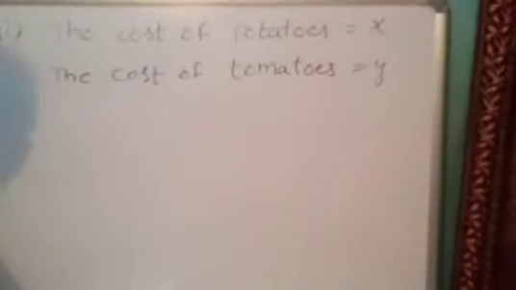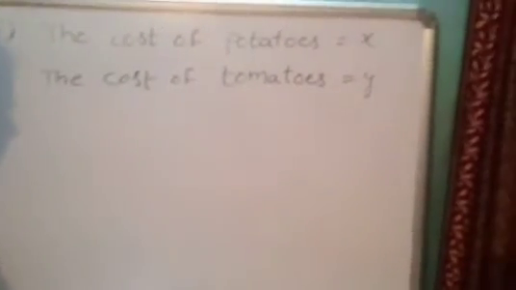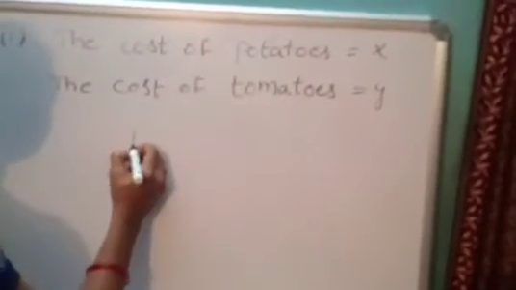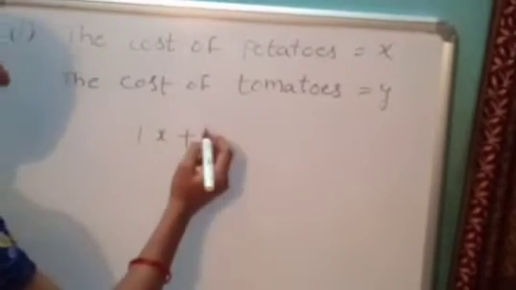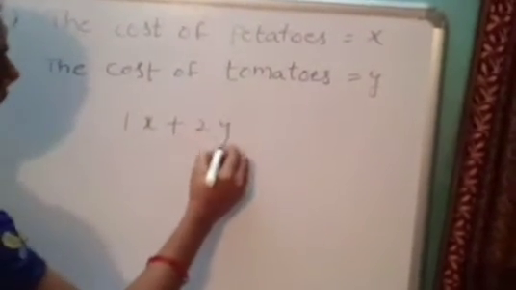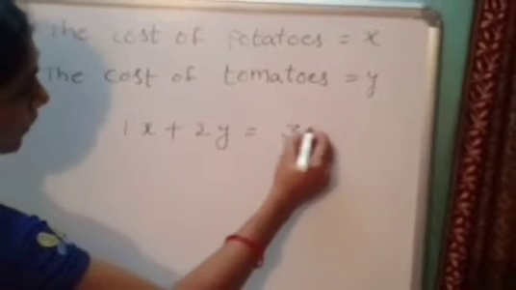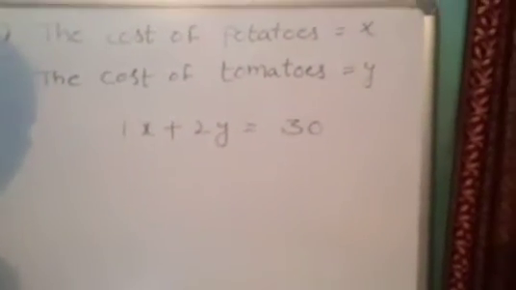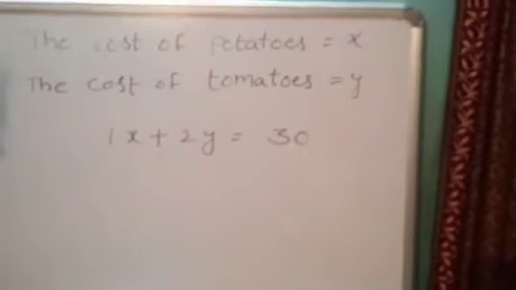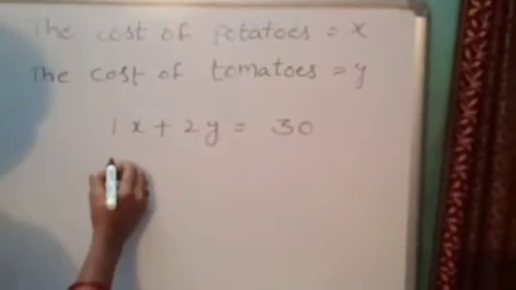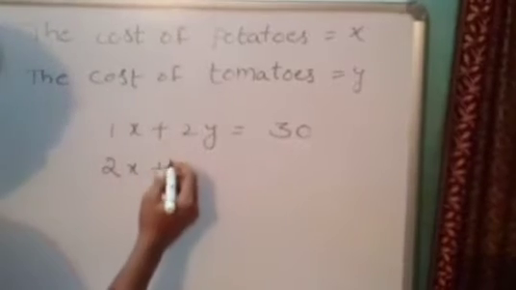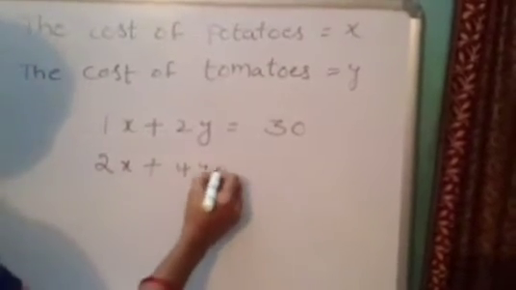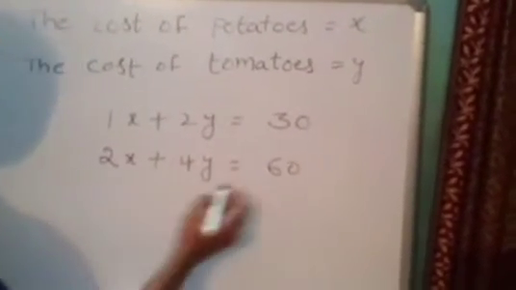According to the problem, 1 kg potatoes and 2 kg tomatoes was 30 rupees. That is 1 into x plus 2 into y equal to 30 rupees. And the second one is 2 kg potatoes and 4 kg tomatoes was 66 rupees: 2 into x plus 4 into y equal to 66 rupees.